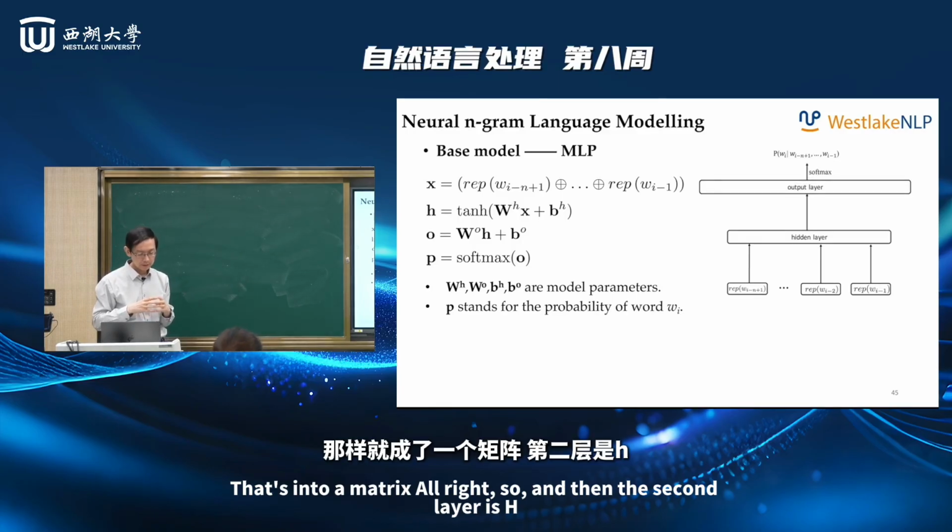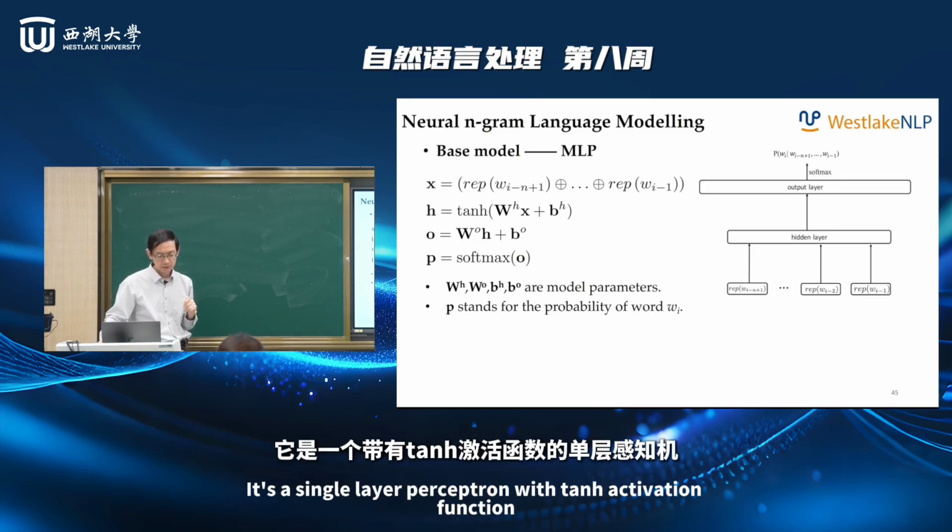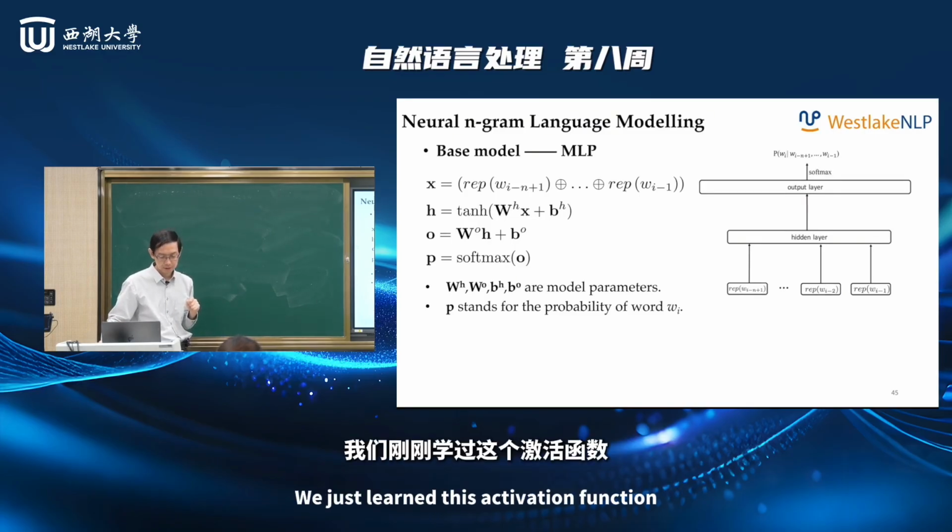All right, and then the second layer is H. It's a single layer perceptron with tanh activation function. We just learned this activation function.